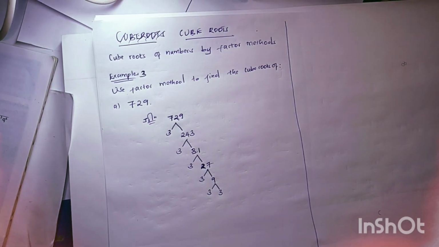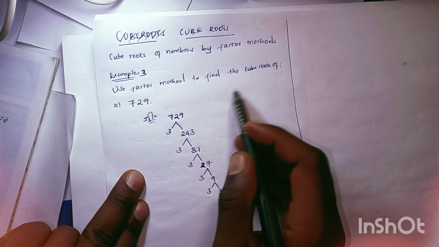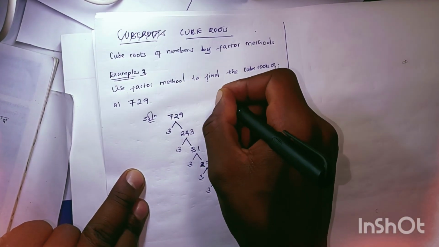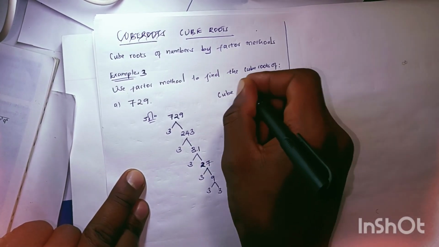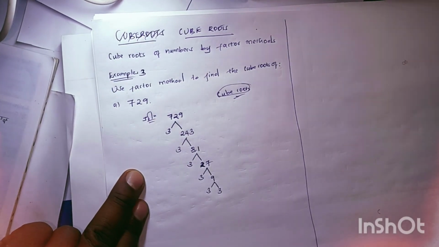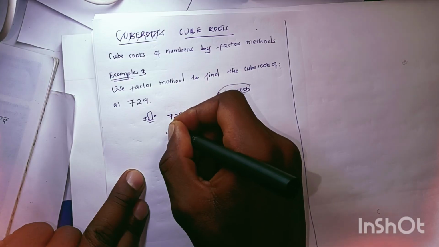Then, because we've been told to use factor method to find the cube root of 729, from the word cube root, I have to group the numbers into 3 groups. This is the way I've written them. I have to group them into 3s.